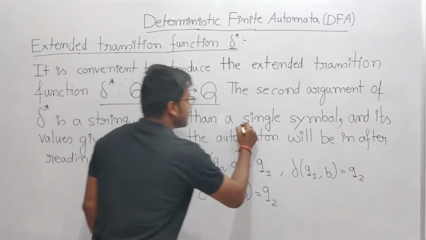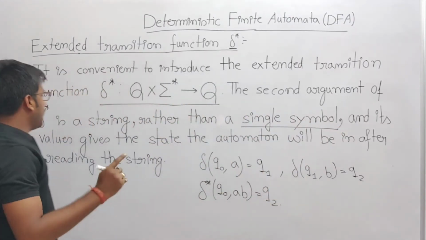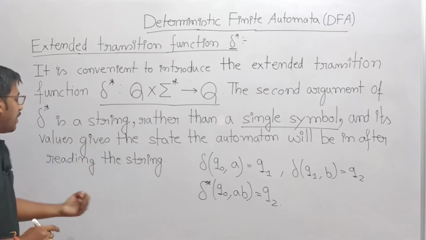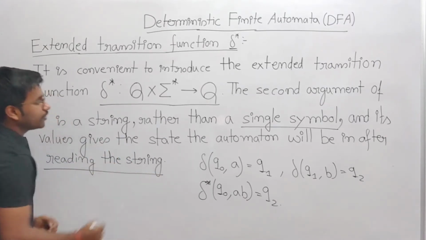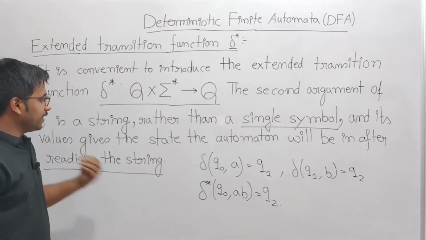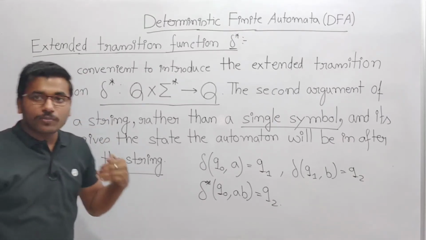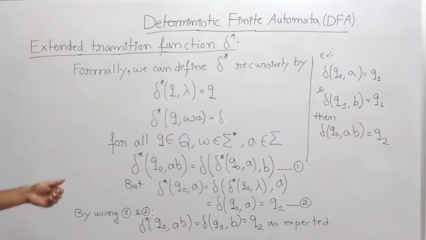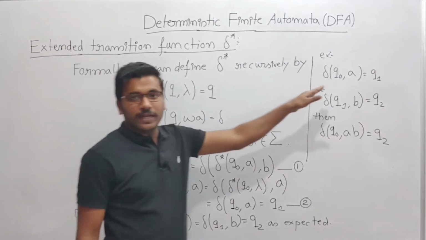It is not a single symbol, it is a string. And its value gives the state the automaton will be in after reading the string. So this is going to give a result of which state the automaton will be in after reading the string.